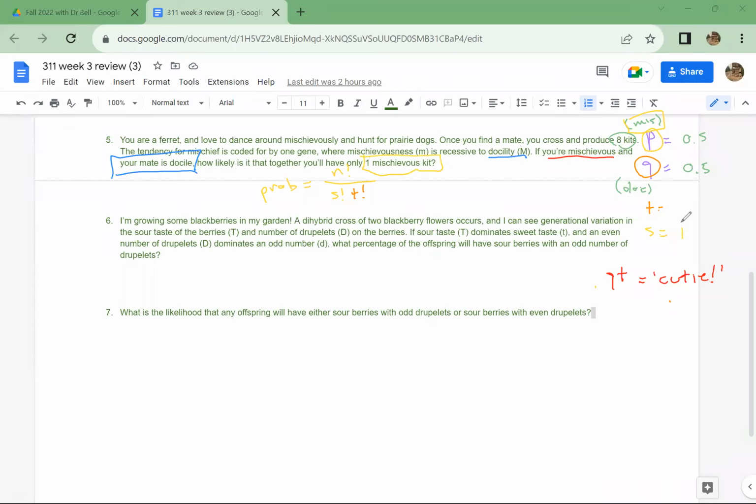So S is going to be 1. And because Q is the opposite of P, Q has to do with docility. Because we have 8 events overall and only one of them can be mischievous, that means that the other 7, by extension, have to be associated with docility.